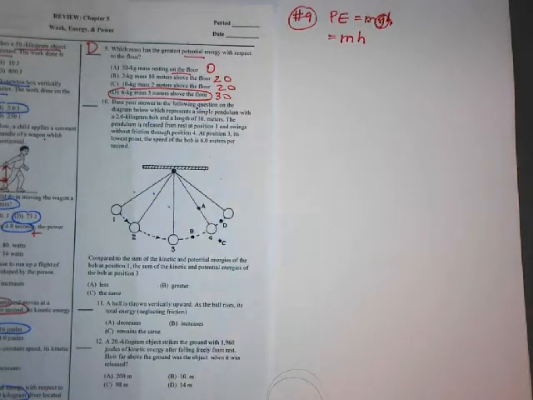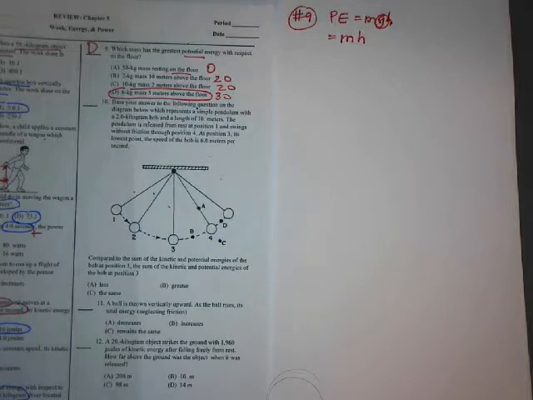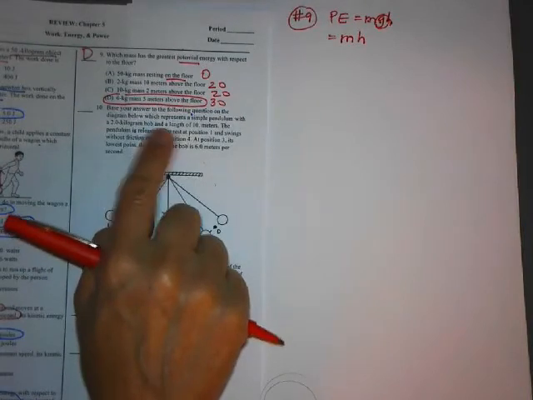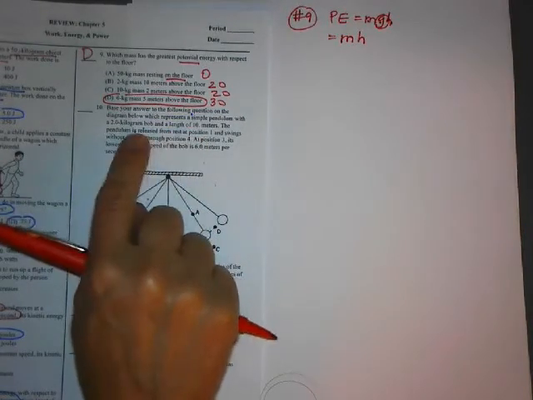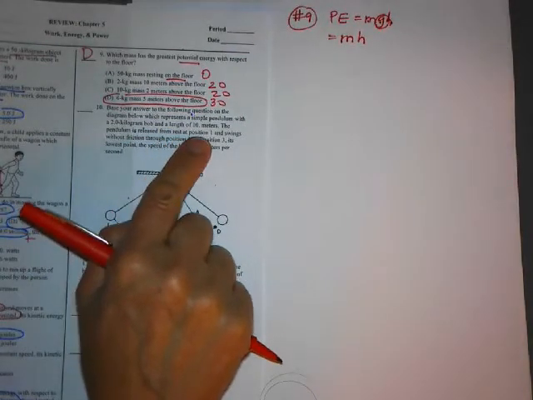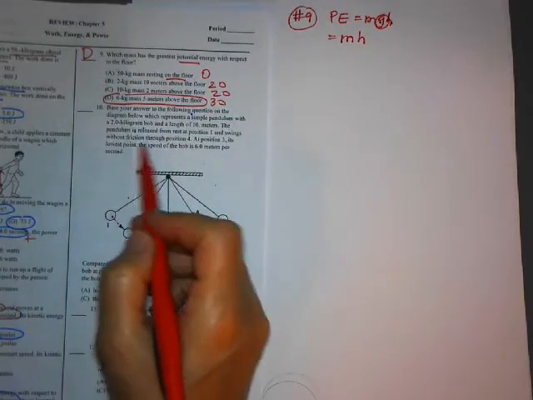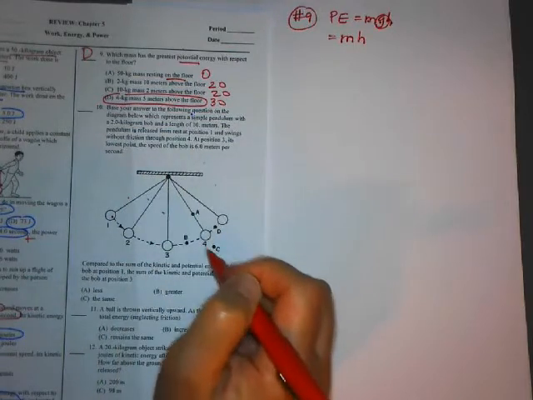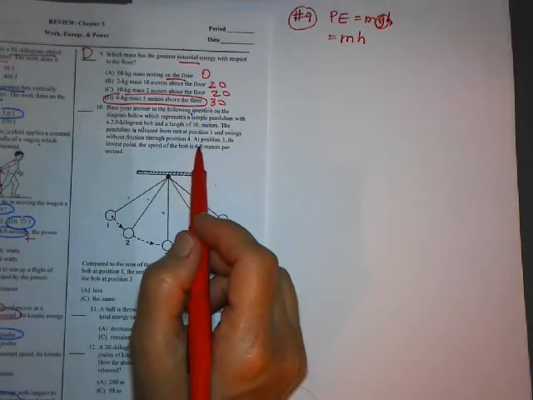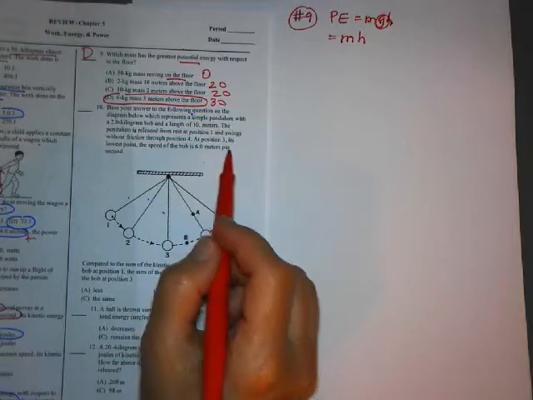All right, number 10. It says, base your answer to the following questions on the diagram below, which represents a simple pendulum with a 2 kilogram bob, length of 10 meters. The pendulum is released from rest at point 1 and swings without friction to point 4 through the position of 3.